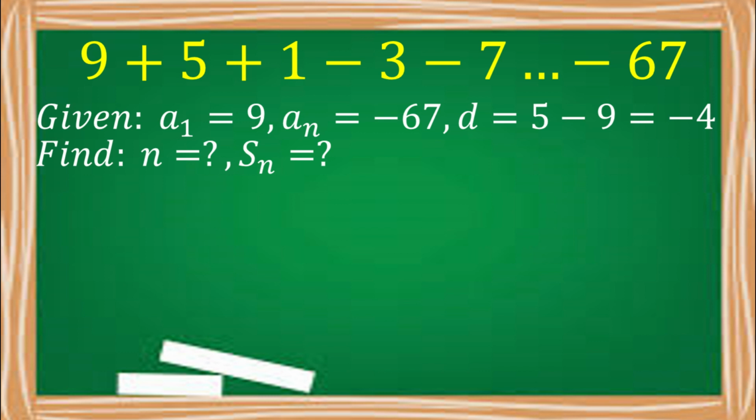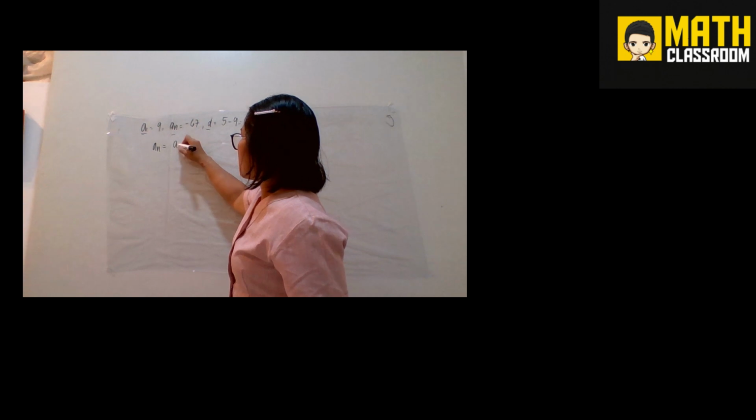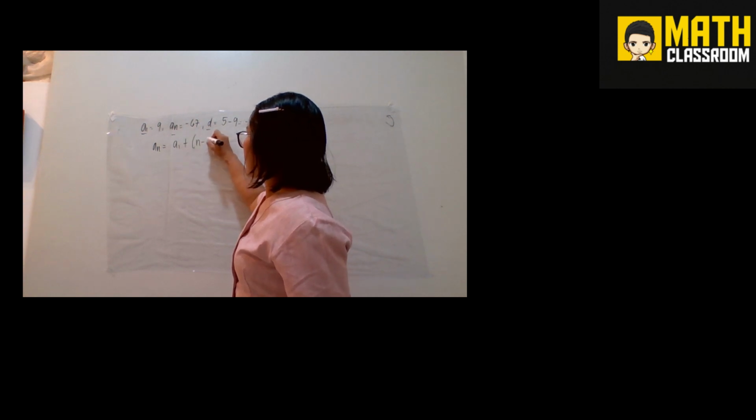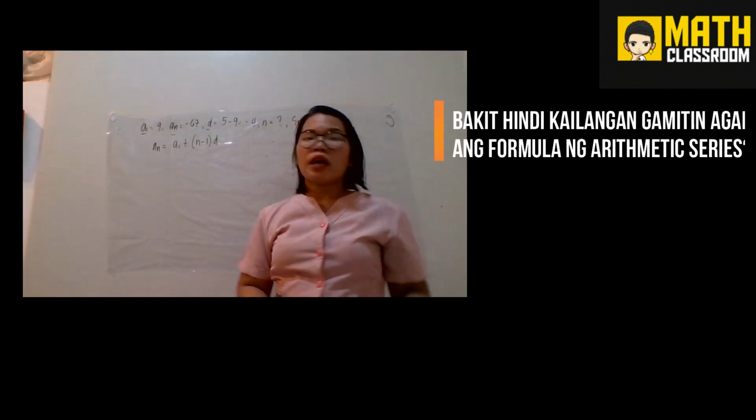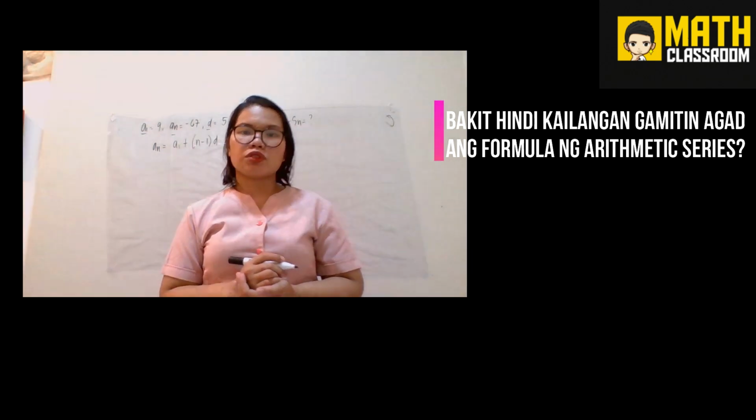So from this case, we have to still go back to our general rule, which is a sub n is equal now to a sub 1 plus n minus 1 times d. Ma'am, bakit hindi kailangan gamitin agad yung sum of the terms?